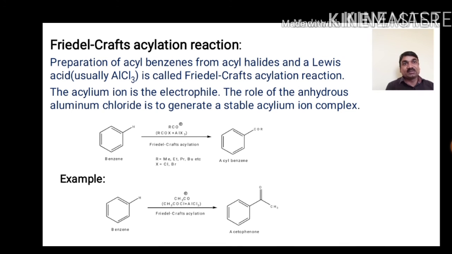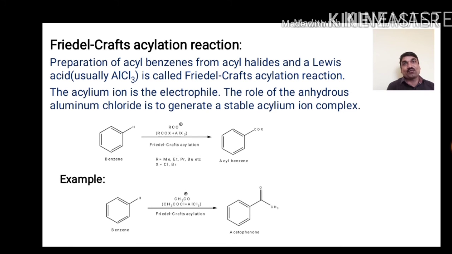Here R may be methyl, ethyl, propyl, butyl, etc., and X may be chlorine or bromine. It results in the formation of acyl benzene. For example, when benzene is reacted with acetyl chloride in presence of AlCl3, it undergoes Friedel-Crafts acylation reaction to form acetophenone. Next is the mechanism of the reaction.